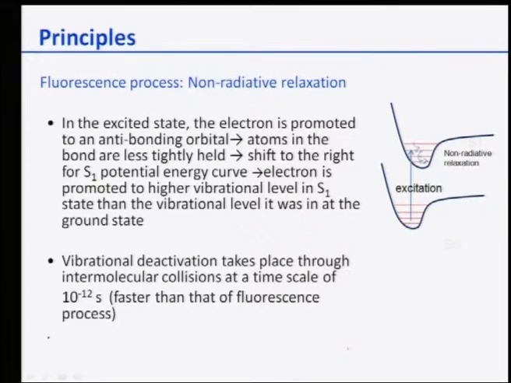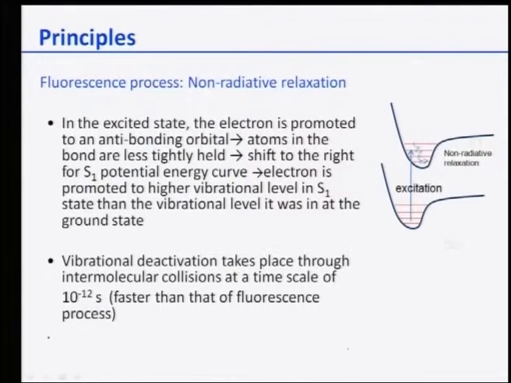You can also have something called non-radiative relaxation, which is very easily possible. In the excited state, the electron can be promoted to an anti-bonding orbital. Remember all these things we discussed for UV visible spectroscopy: bonding and anti-bonding, pi star or n star. The probability of occupation of an anti-bonding orbital is very low for electrons. So, an excited electron can be promoted to anti-bonding orbitals, and the atoms in the bonds are then less tightly held.